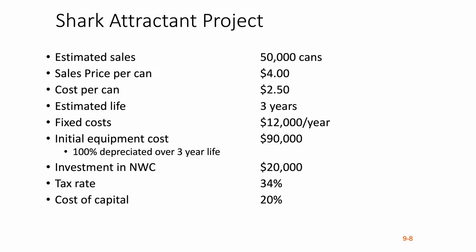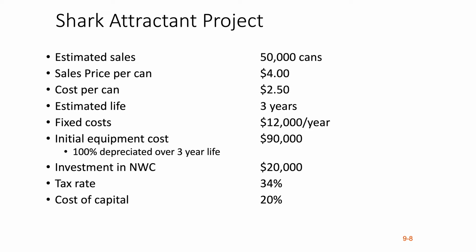So at the end of the third year, you write off all the cost of the initial equipment. The net working capital increase: probably you need to buy more raw material like inventory, etc. So the incremental is $20,000 per year. The tax rate is 34%, and the company cost of capital is 20% per year.